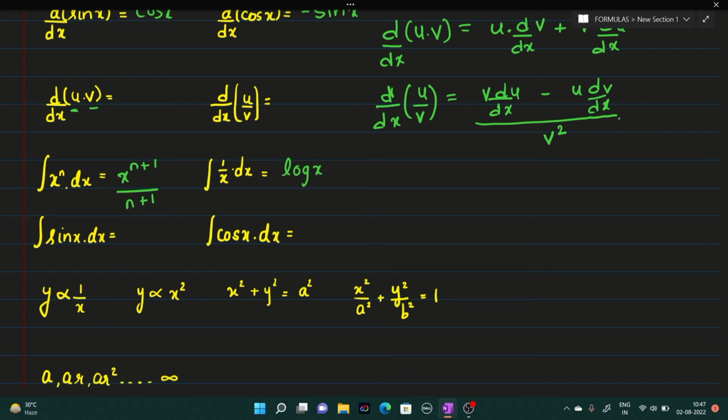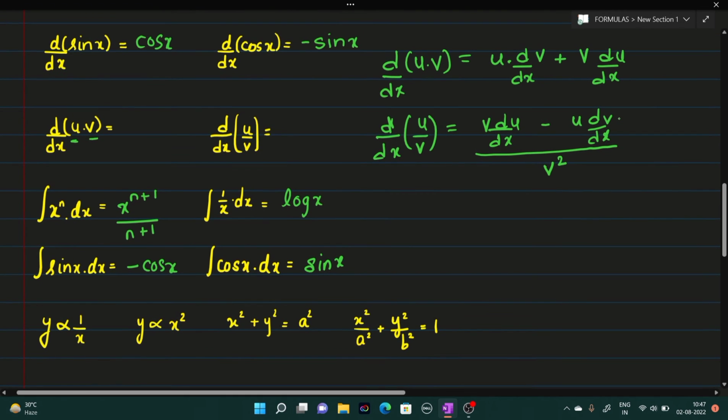The integration of sin x dx is minus cos x, and the integration of cos x dx is sin x, just opposite to differentiation. Here there is a negative sign, here there is no negative sign. Similarly, here there is a negative sign, here there is none.